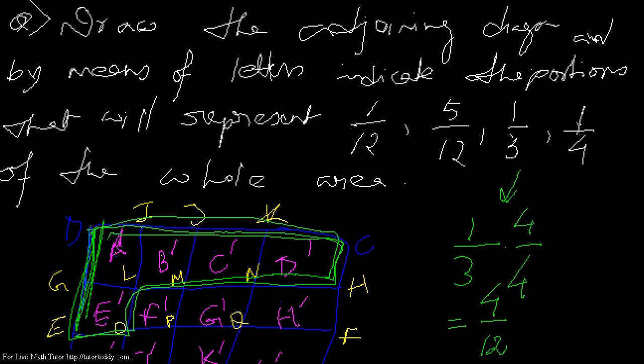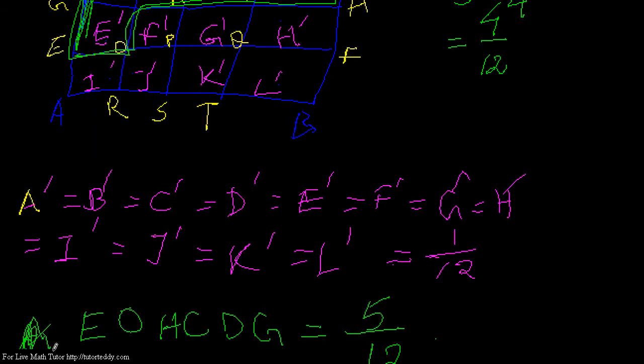Here, when I have to show 4 by 12, I can take any 4 boxes from these 12 boxes, right? And that area of 4 boxes will be 4 by 12, because I'm taking 4 boxes out of 12 boxes, right? 4 out of 12. Let me show here in this figure.